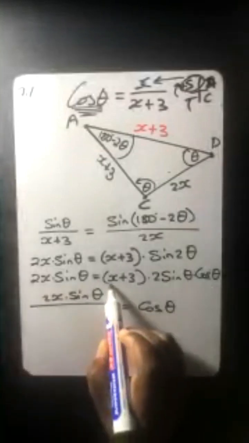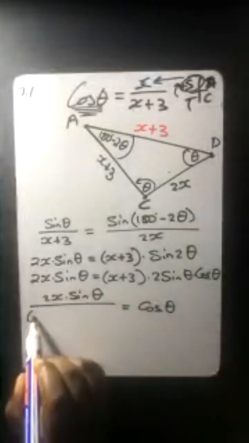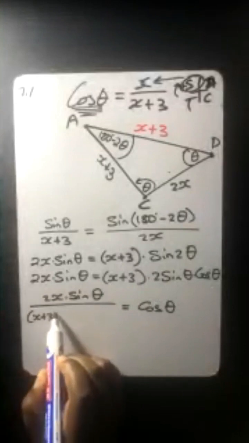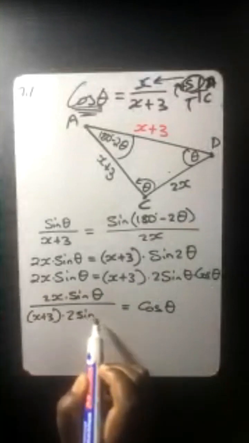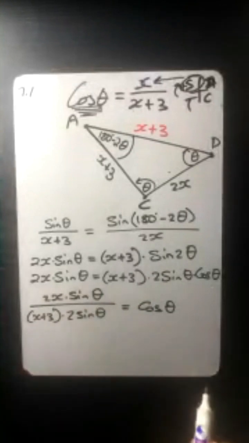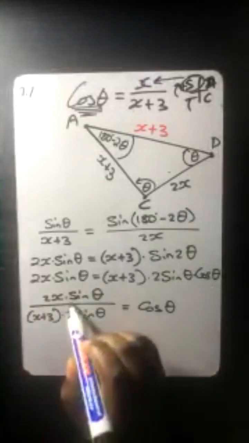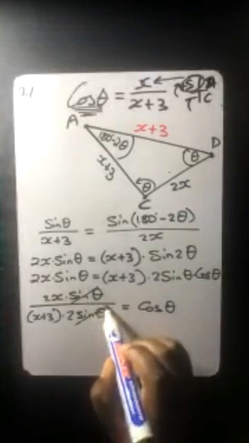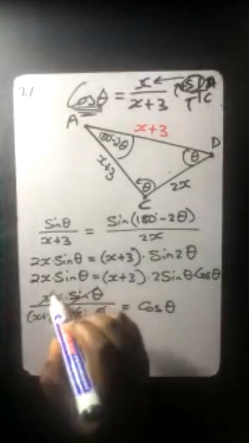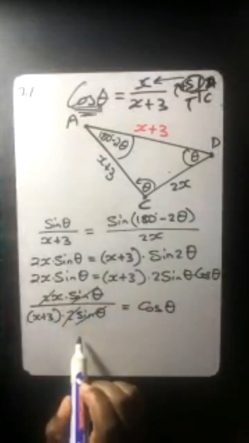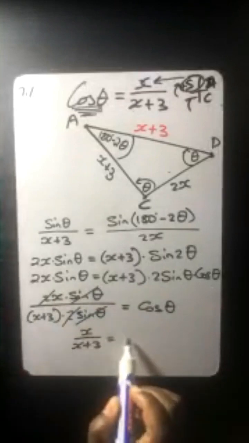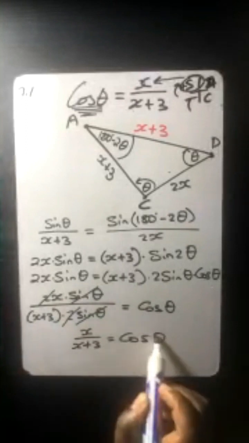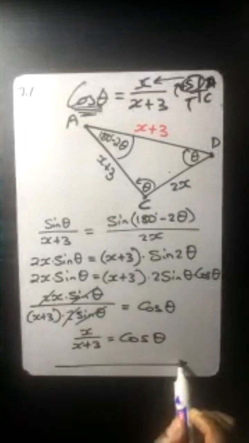Then you divide by everything on this side, being x plus 3 multiplied by 2 sine of an angle. So can you see this cancels with that, 2 cancels with 2, and then you remain with x over x plus 3, which is equal to cos of an angle.